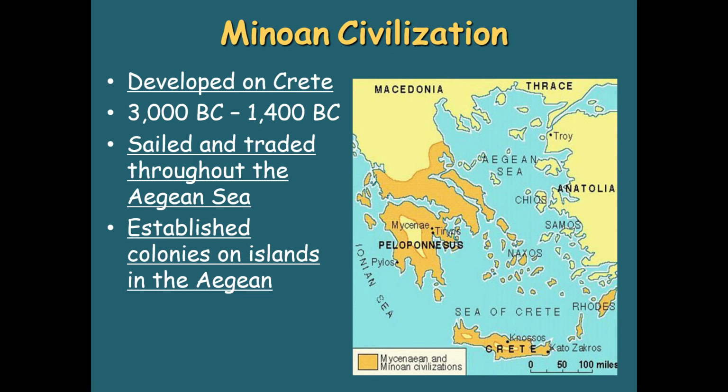Now, after you check up the lengths of the rivers flowing in Greece and Italy and compare these lengths with the lengths of the rivers flowing in Egypt, Mesopotamia, India, and China, you should be able to tell that the ancient Greeks and the ancient Romans would find it difficult to depend entirely on the local rivers to maintain their survival.